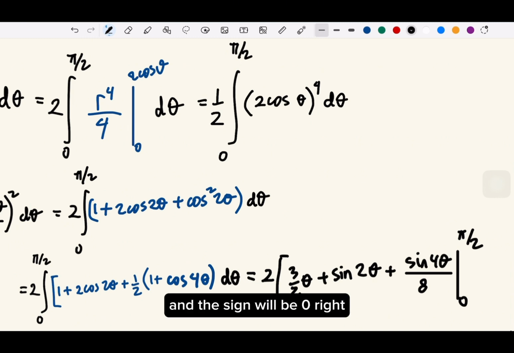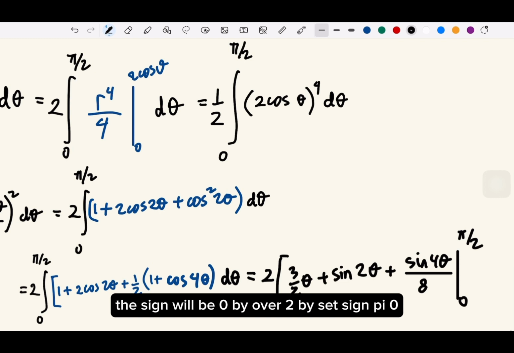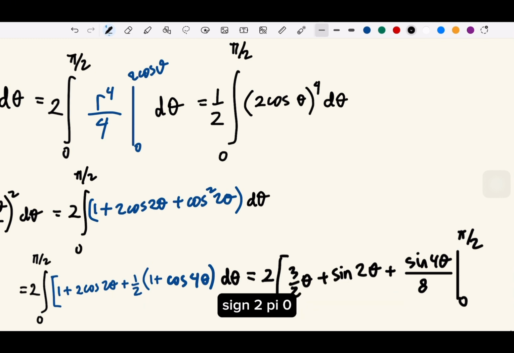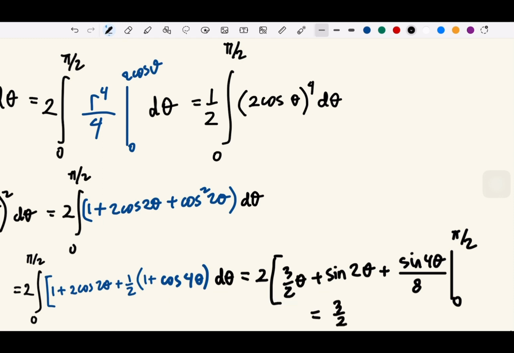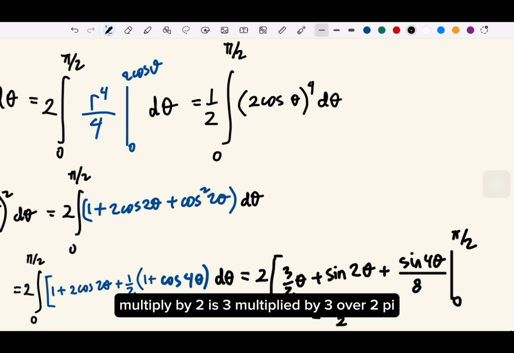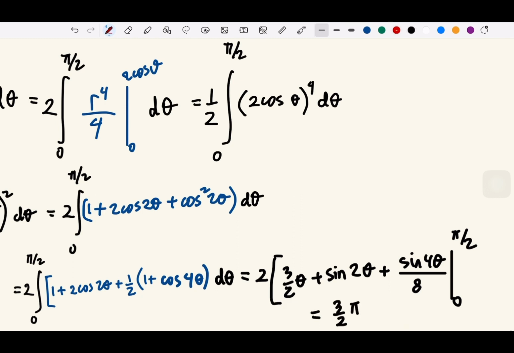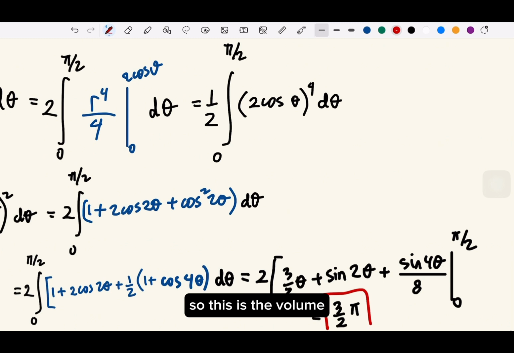And the sine will be 0, right? Sine pi is 0, sine 2 pi is 0. So we only have 3 over 2 multiplied by 2 is 3, multiplied by 3 over 2 pi, so 3 over 2 pi. So this is the volume.